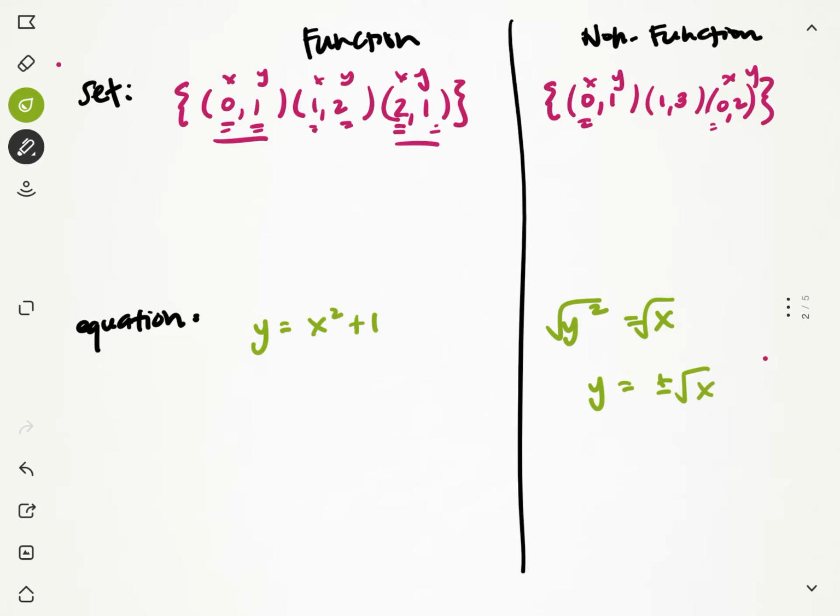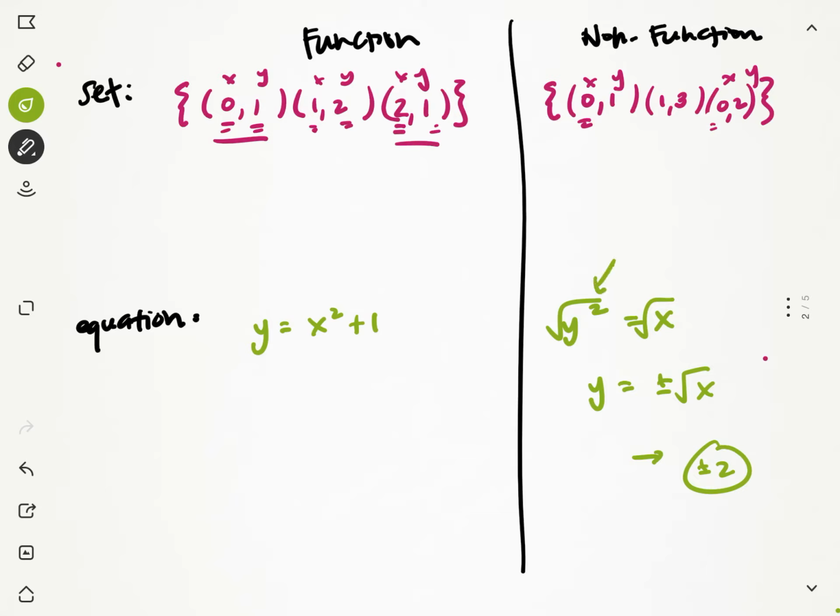So let's say our x was 4. The square root of 4 is 2, but then we have both the positive and negative 2, so this would end up being 2 answers. The positive 2 is one of the answers, the negative 2 is the other answer, so we have more than one output per input of x.